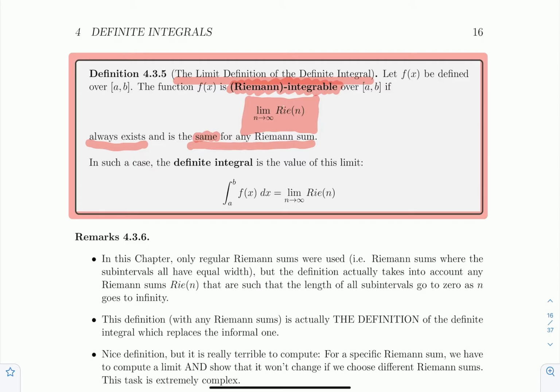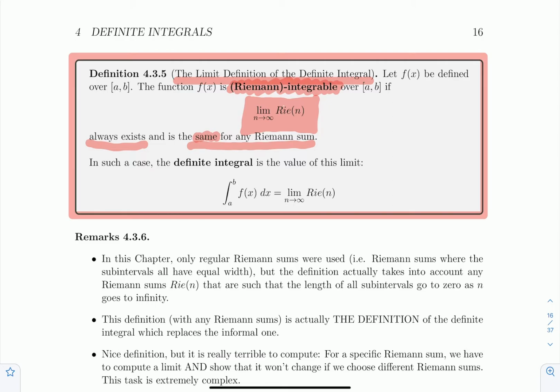And in that case, if for every single Riemann sum out there, left, right, midpoint, 2/3, 1/3, whatever you want, and of course there's an infinite amount of Riemann sums, if you always get the same value for these limits, we will say that the actual value of the definite integral, the integral between a and b of f of x dx, is equal to the limit as n goes to infinity of those Riemann sums.